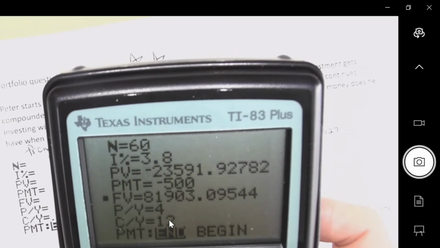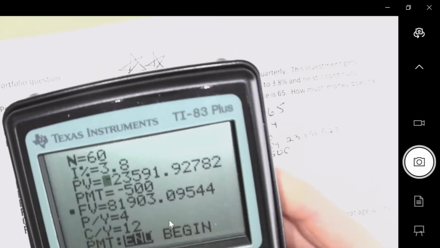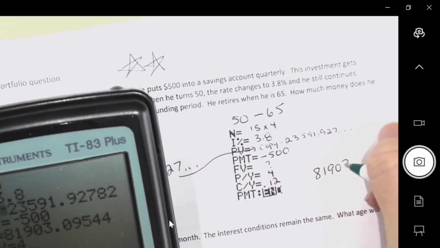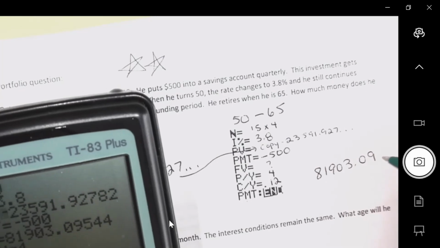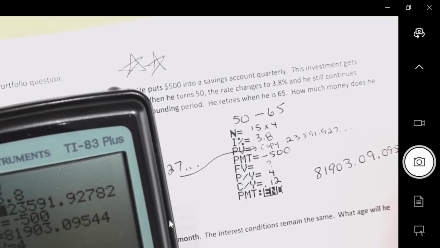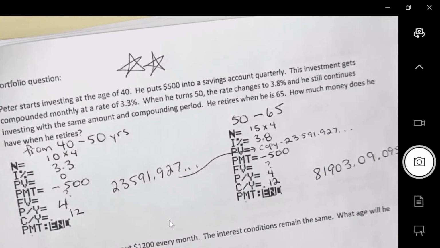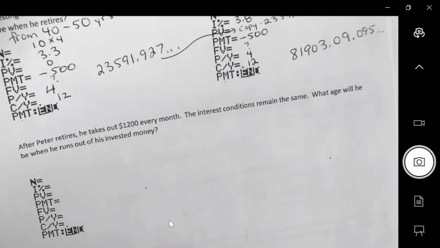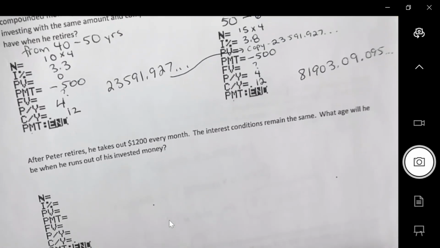Then put the negative in front of it so you don't have to write it all down. Okay, 81,000.